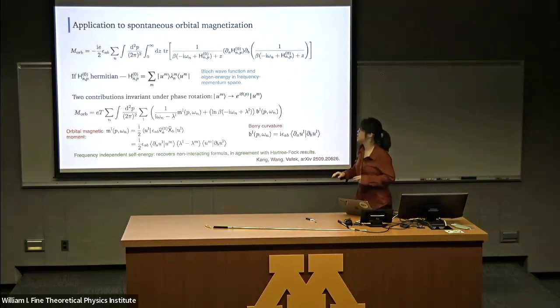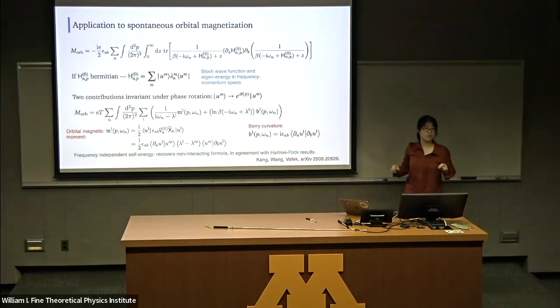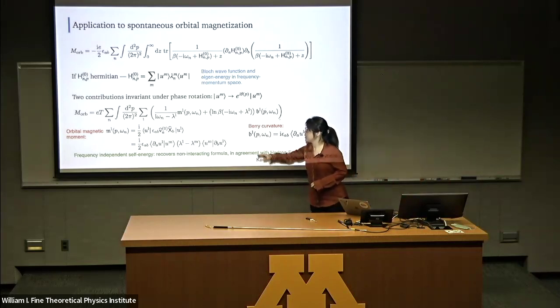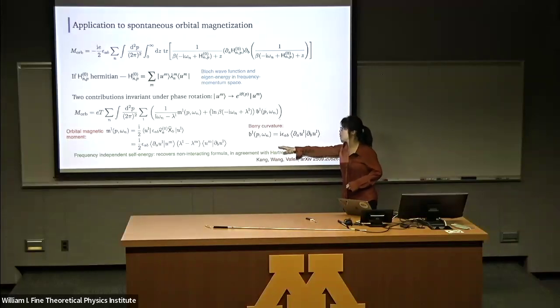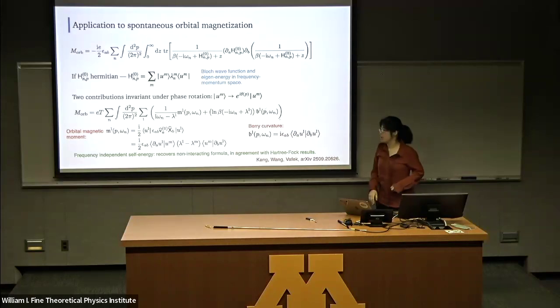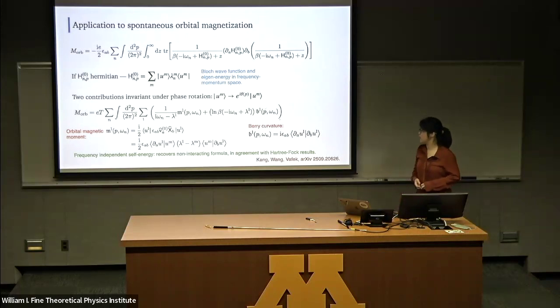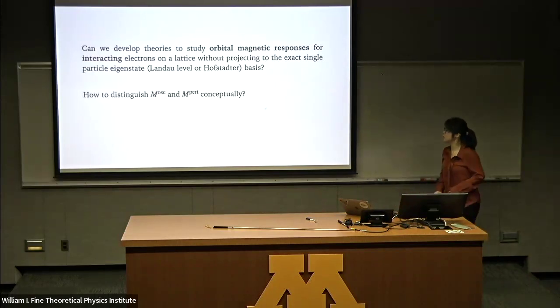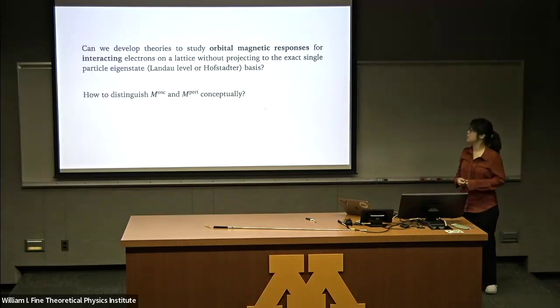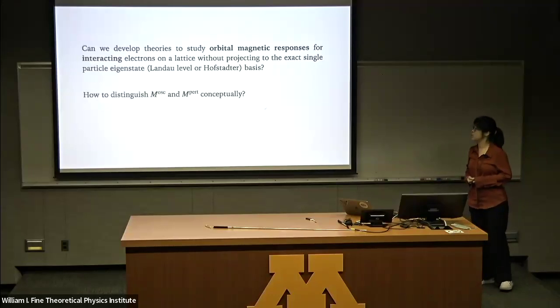Both of them are invariant under phase rotation of the Bloch wave function, which people also call gauge invariance in multiband systems. These two contributions are exactly the generalization of the orbital magnetic moment and the Berry curvature, but here both of them can be frequency dependent. If we apply this to a frequency independent self-energy, we can recover the non-interacting formula, in agreement with earlier Hartree-Fock results. So this is what I want to discuss about perturbative orbital magnetic responses.